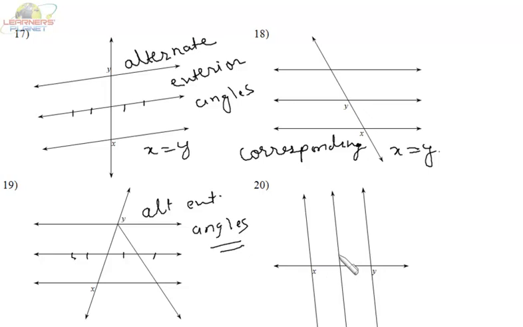Okay, here we see we skip this line. This line is parallel to this line, and in both the cases x and y, both of them are lying on the right side or same side of the parallel lines, so they will be corresponding. Further x will be equal to y. Clear?